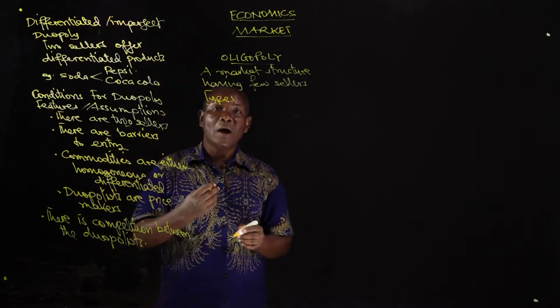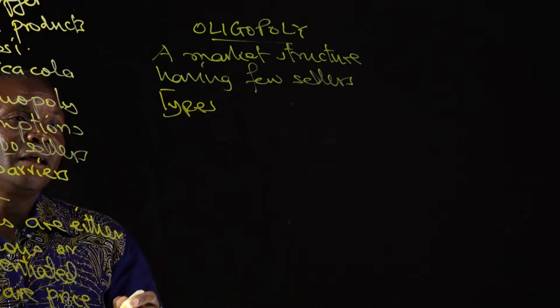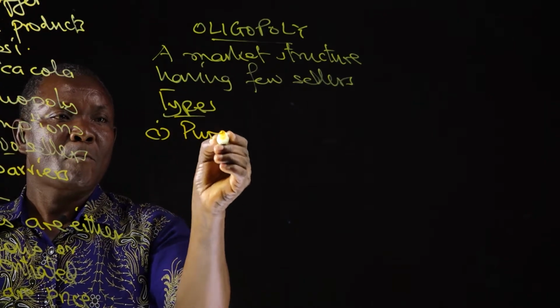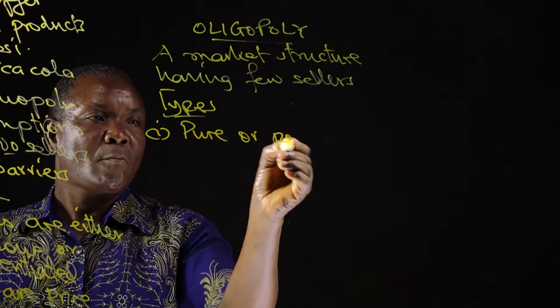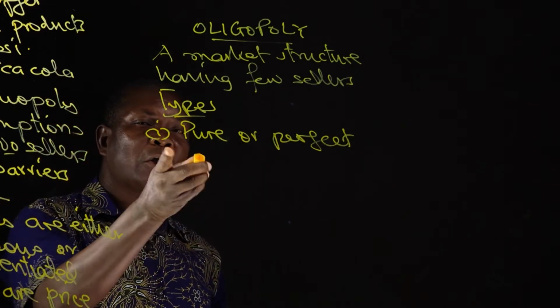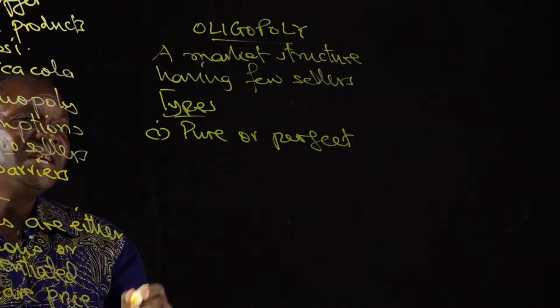Perfect, which is called pure, and imperfect. With pure oligopoly, the few sellers supply homogeneous products.